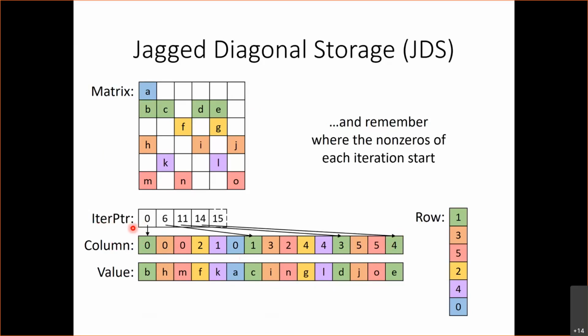So 0 tells us that the non-zeros that are the first in their row are going to start at index 0 in these two arrays. The non-zeros that are second in their rows are going to start at index 6. The non-zeros that are third in their rows are going to start at index 11, etc. Is this clear so far?